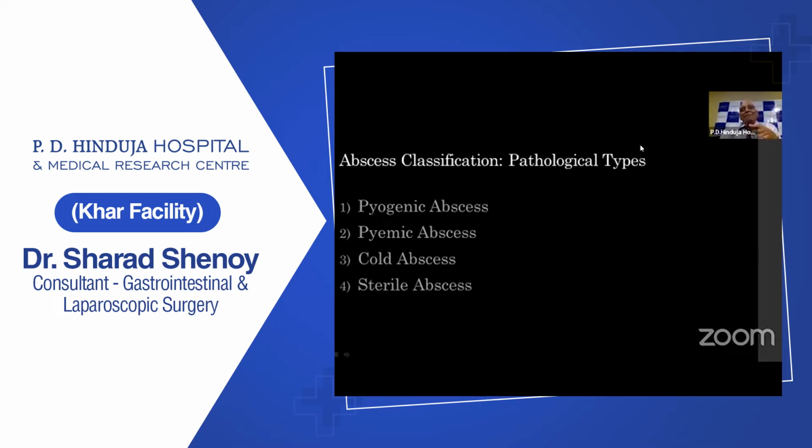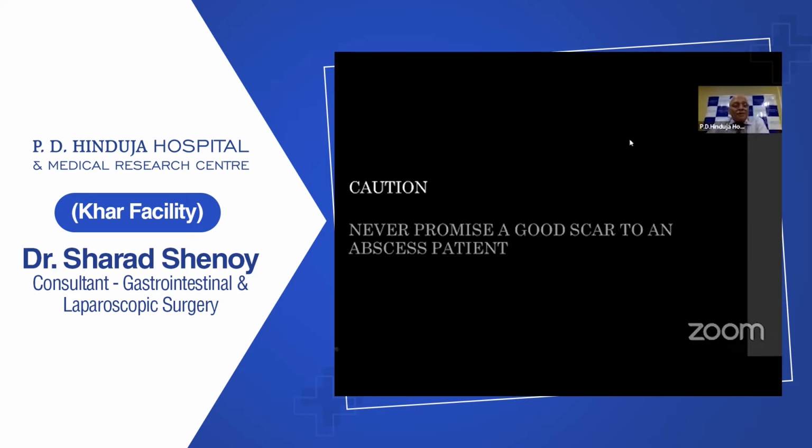On the other hand, a pyemic abscess is one where there is a septic focus somewhere, like bronchiectasis, like a lung abscess, like a sigmoid sinus infection and thrombosis in the brain, and from there septic emboli are thrown to various parts of the body, and wherever they settle down, they form abscesses.